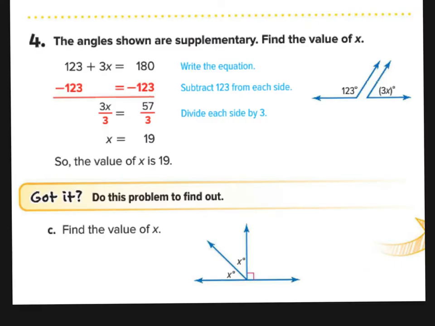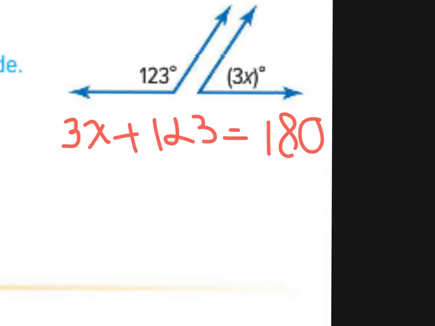For example 4, we're going to look at a supplementary example. Find the value of x. So here we have two angles that equal 180. So it looks like this: 3x plus 123 equals 180. Correct?